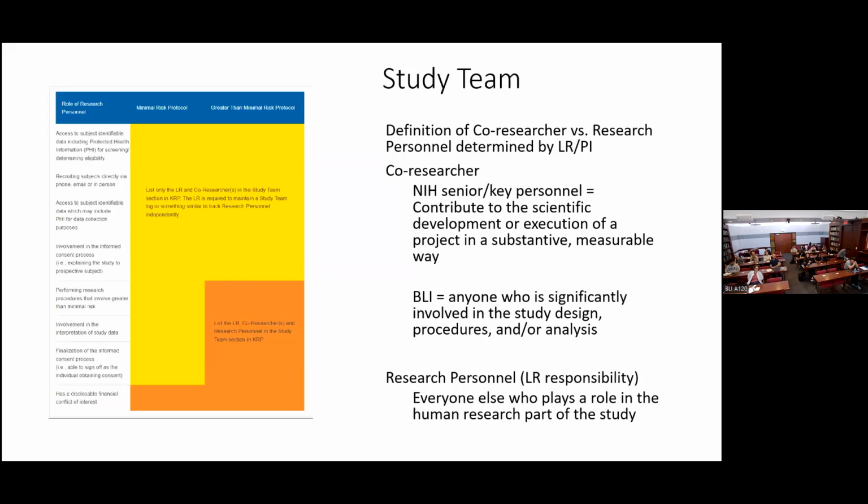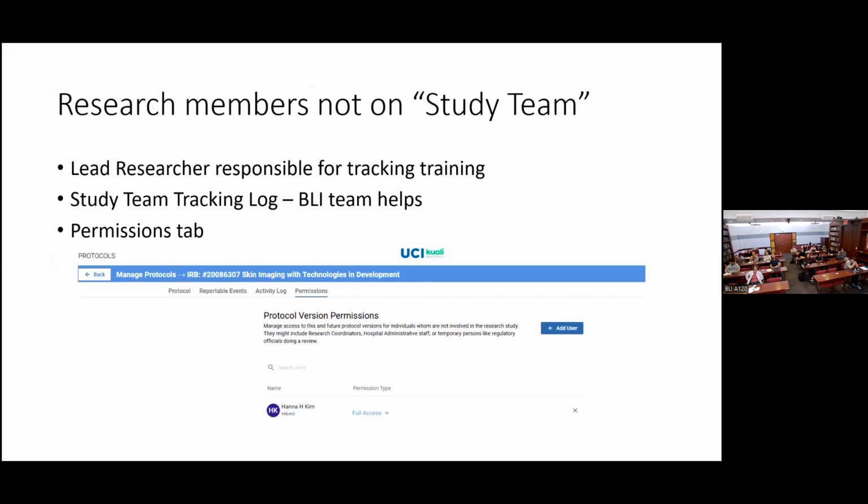However, at BLI, I have seen that anybody who is significantly involved in the study design or procedures or analysis, if the faculty member wants to consider an undergraduate researcher as a significant person on that, that's up to you. You can decide that.